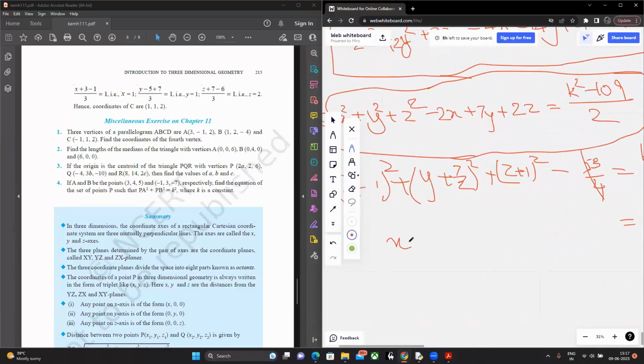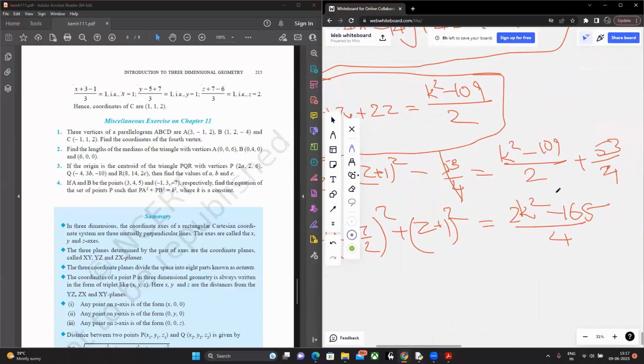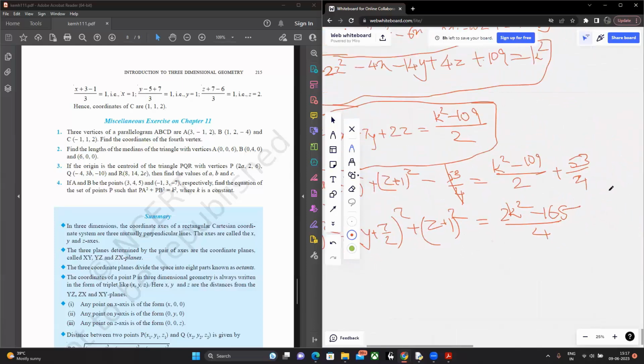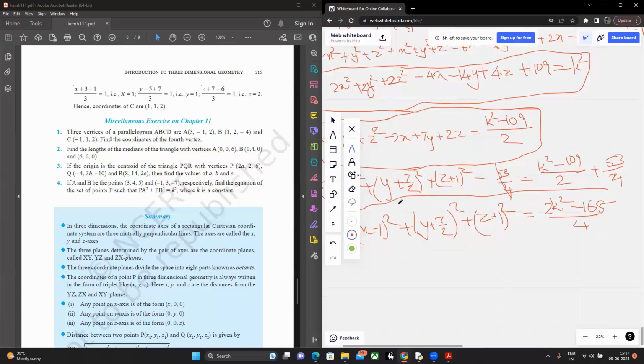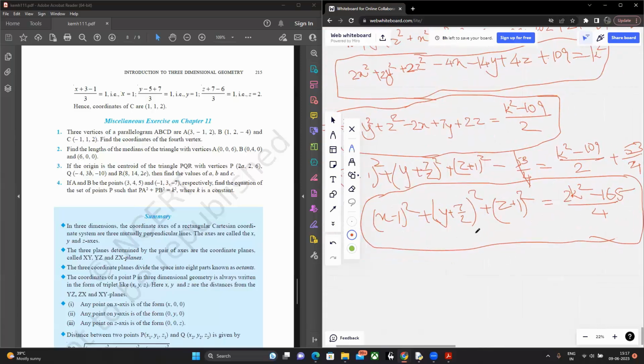So you'll have over here x minus 1 the whole squared plus y plus 7 by 2 the whole squared plus z plus 1 the whole squared is going to be equal to this, right? This form is also another form of your locus, right? This is going to be the standard equation of a sphere, right?